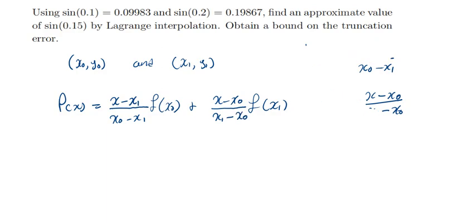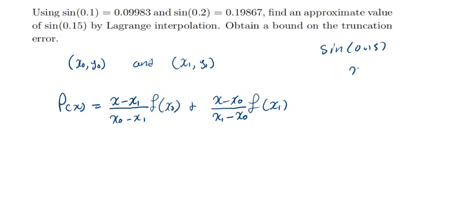Okay, so how do we then proceed with this? Remember, what we are looking for here is an approximation. If you want, you can find the true value, then find the error, but that's not the error that they're talking about in terms of the truncation error. So that's a different one. The question says find an approximate value of sine of 0.15.